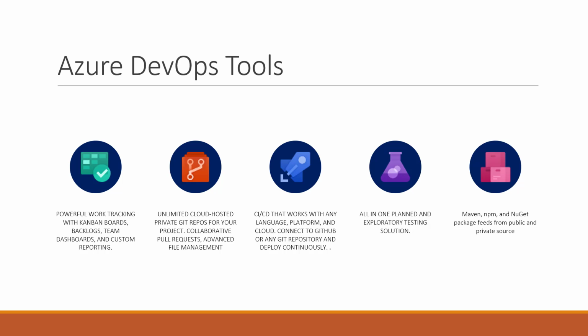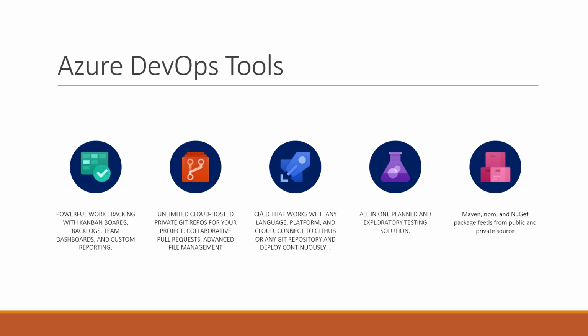So suppose you already have your code base on GitHub or Bitbucket. No worry, you can use the Azure DevOps CI/CD services with your existing code repositories. You don't need to migrate your code to Azure. That is another advantage.